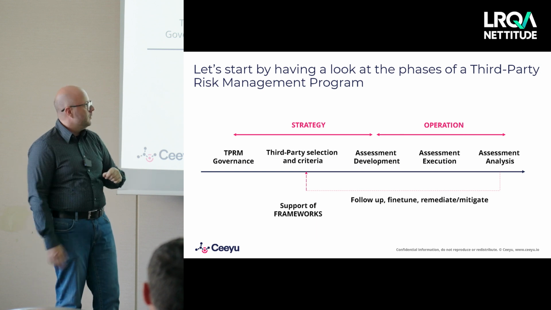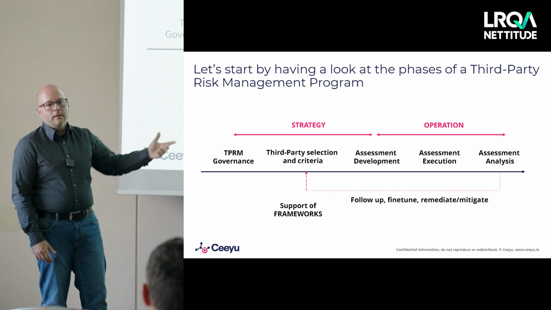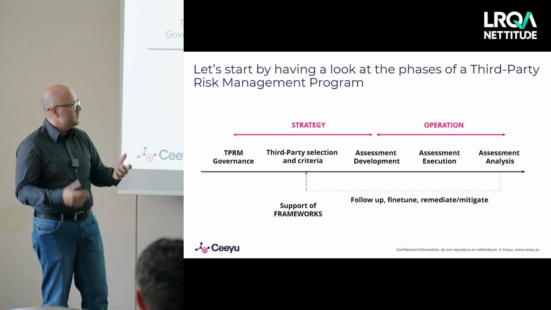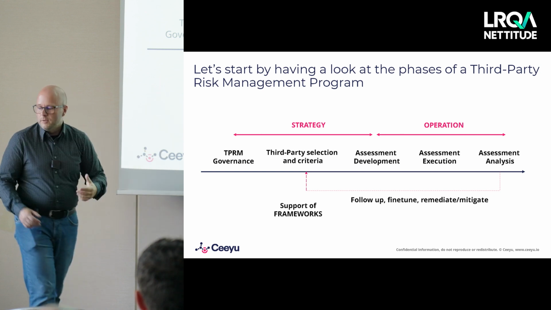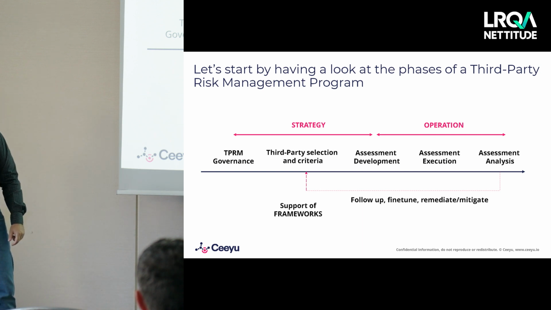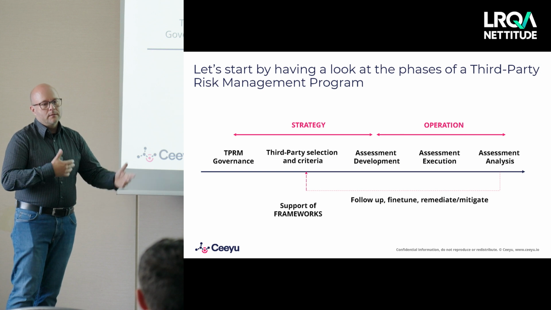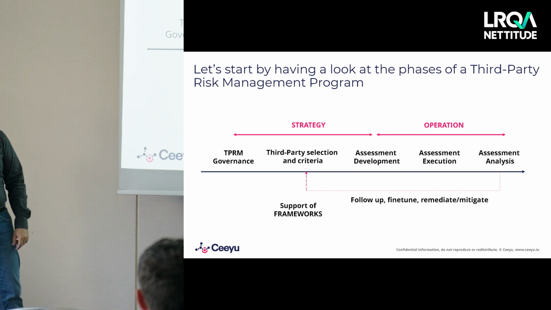I'm going to abbreviate it from now on. Developing an assessment: how are we going to tackle those third parties? How can we assess the risk? Executing the risk assessment and then analyzing the risk. And obviously, in a process, we always go back and forth with to-dos and with mitigations and remediations and fine-tuning.